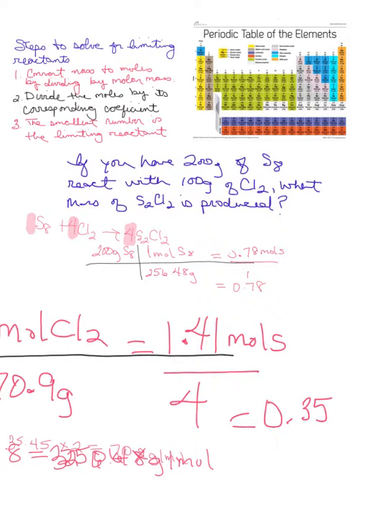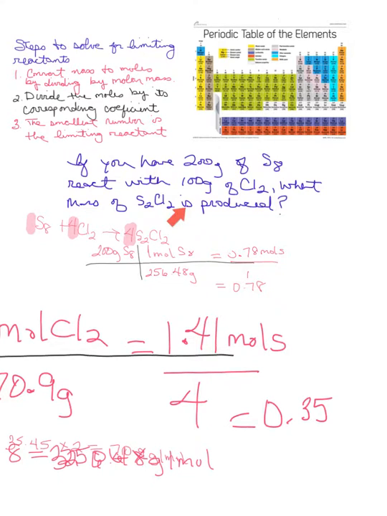Now, if we go back and look at the problem, I'll read it again. If you have 200 grams of cyclooctasulfur react with 100 grams of chlorine, what mass of disulfur dichloride is produced? At this point, we have not answered the question.